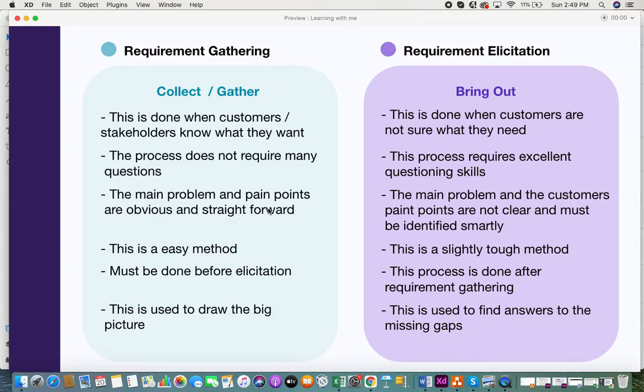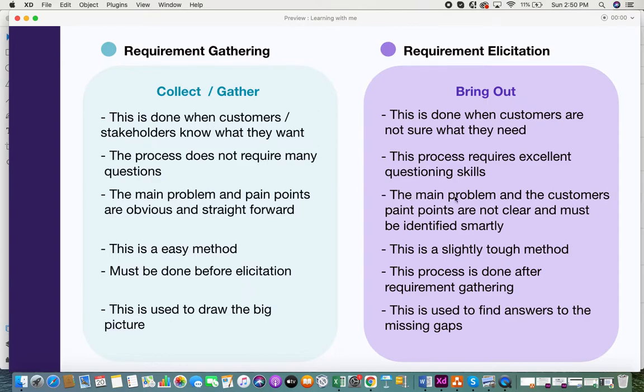For example, in some situations you are provided with a document, and they say go through this, we have given you the list of whatever we require the system to perform. At that time, a set of requirements is already handed over to you. Going through that document is something like requirement gathering. It's straightforward, you're just gathering these requirements.